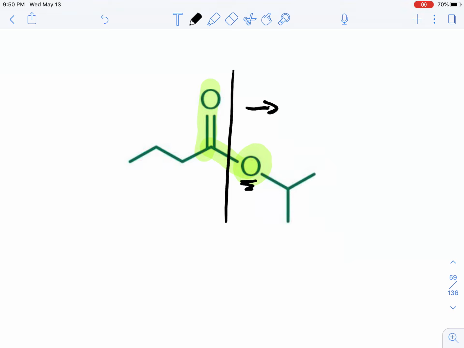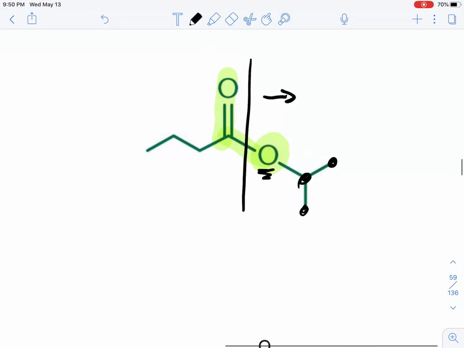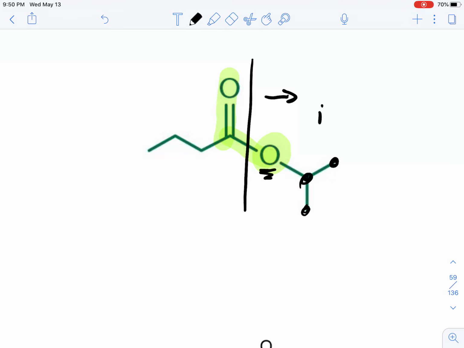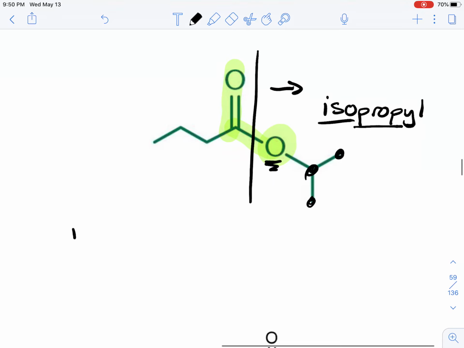And so since there's symmetry in the substituent, and since there's 1, 2, 3 carbons in the substituent, this is actually going to be isopropyl. Iso, it's symmetrical. Prop, because there's 1, 2, 3 carbons. And so my substituent for this ester is going to be isopropyl.